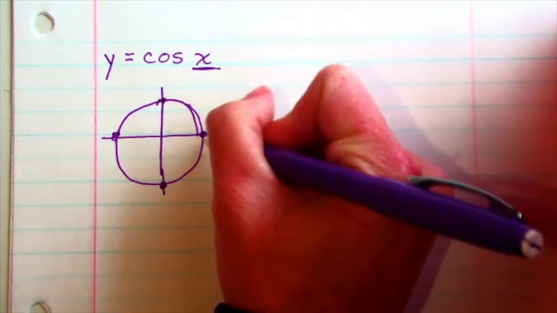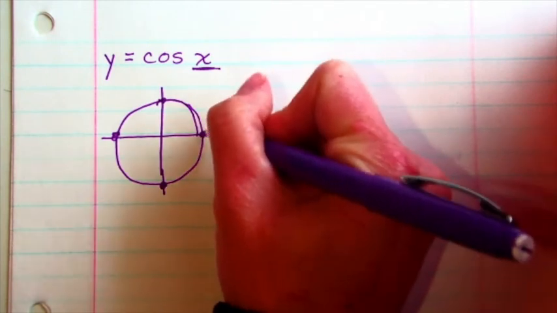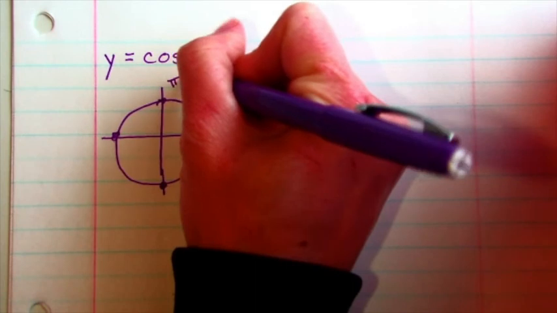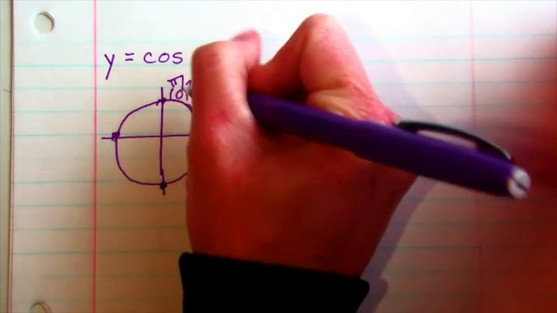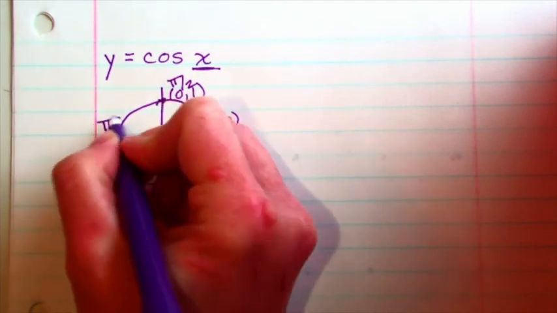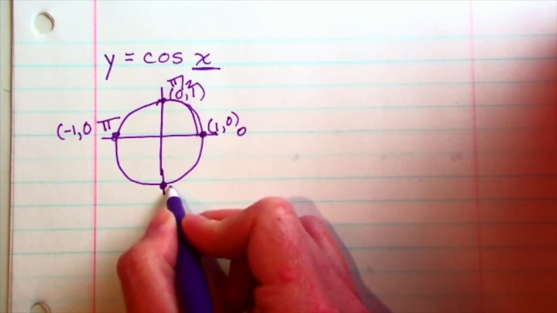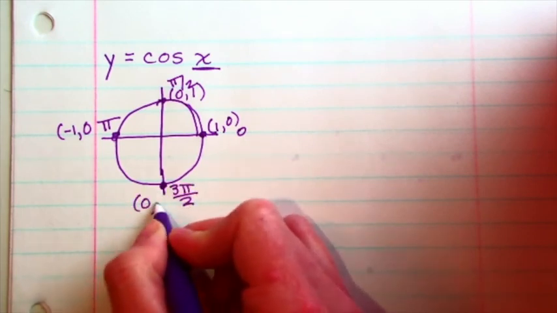So this point, remember, at 0 is 1, 0. This point at pi over 2 is 0, 1. Pi is at point -1, 0. And 3 pi over 2 is at 0, -1.